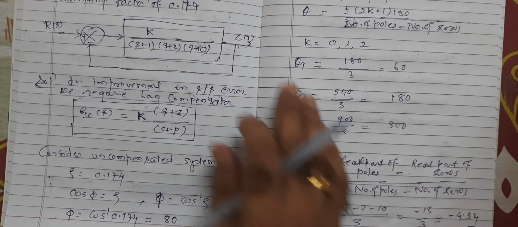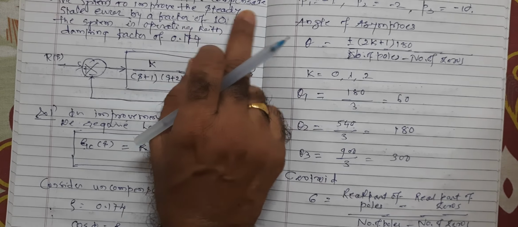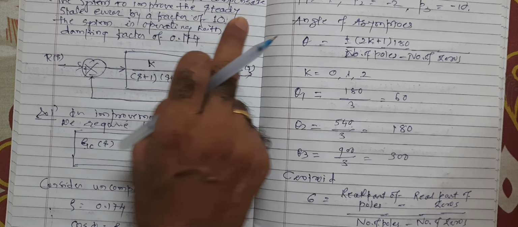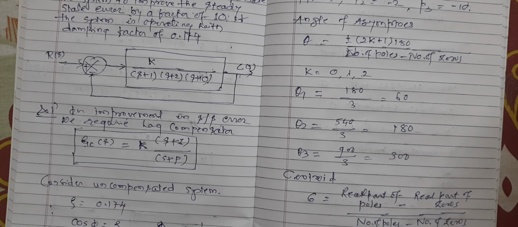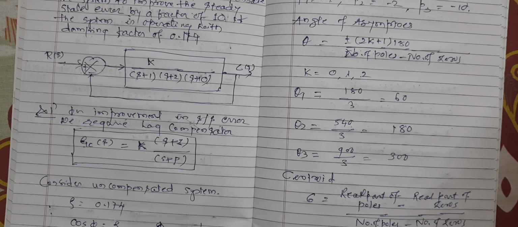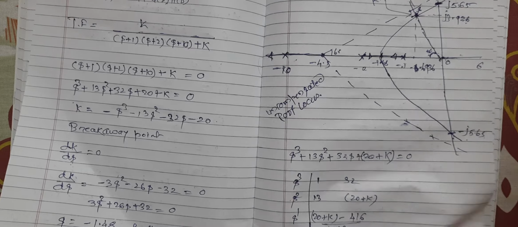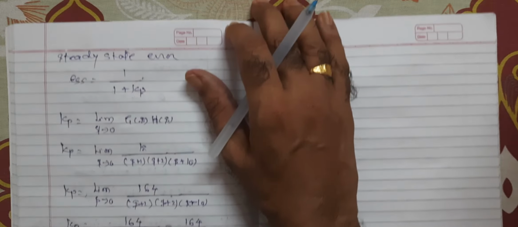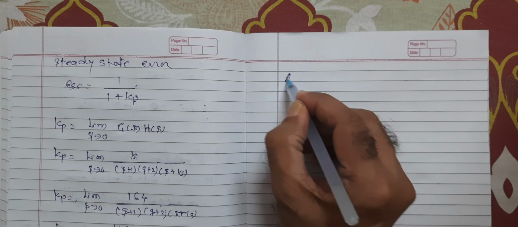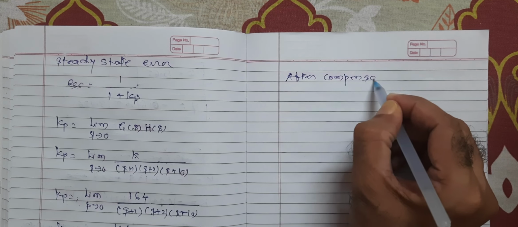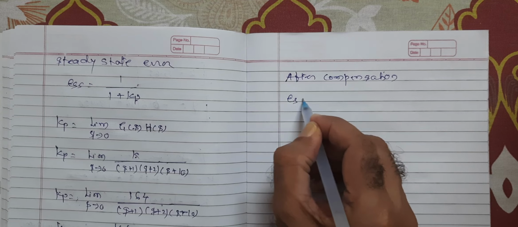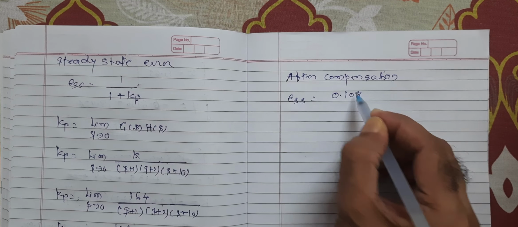Now one thing is that here in the statement: compensate the system to improve the steady state error by a factor of 10. Means it must be improved by a factor of 10. So that means after compensation, our compensated ESS is equal to 0.108 divided by 10.